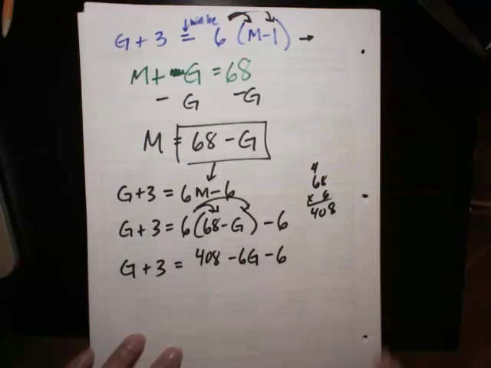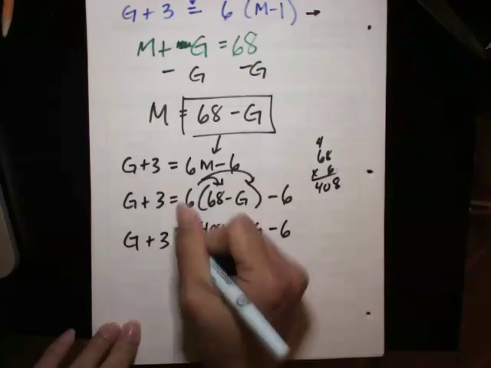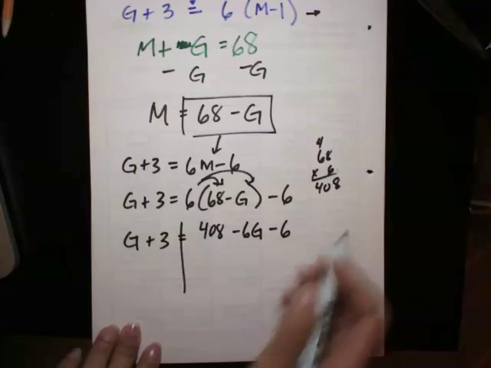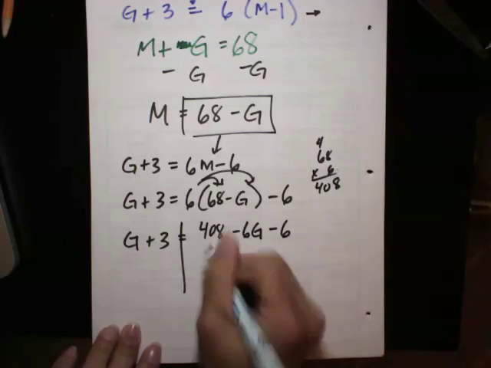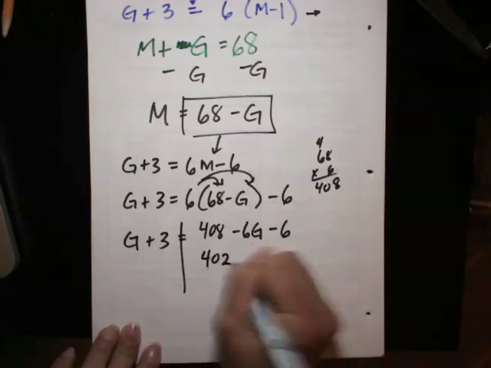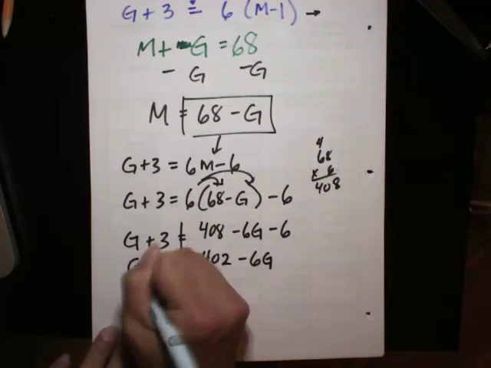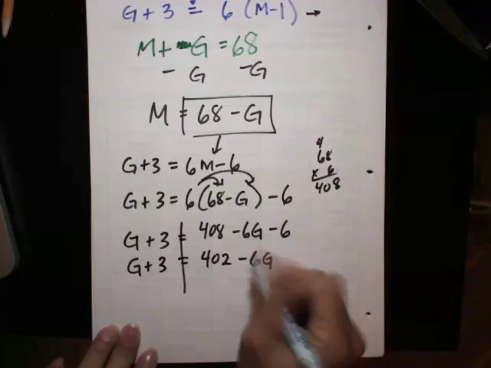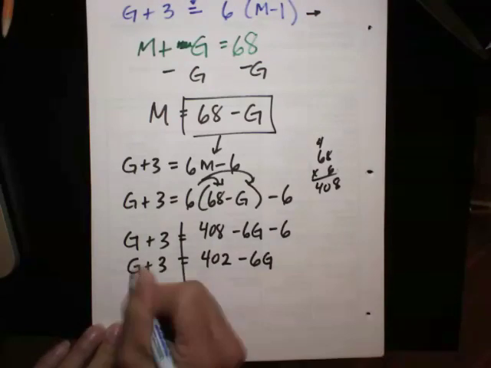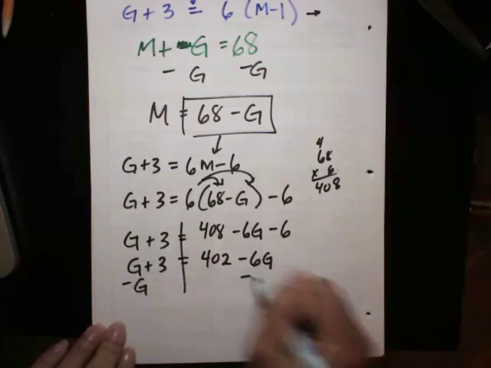Okay, so let's combine all the like terms. 408 minus 6 will be 402. And I want to move all my variables to one side, so why don't I subtract g here, subtract g here.